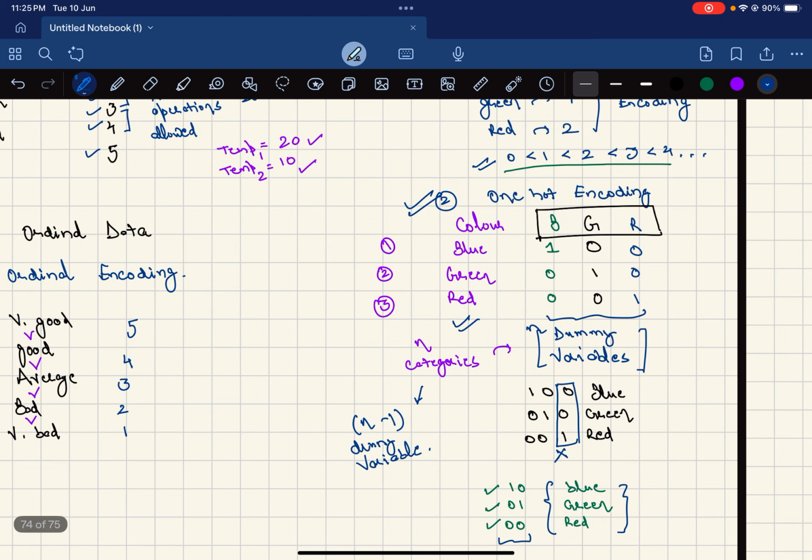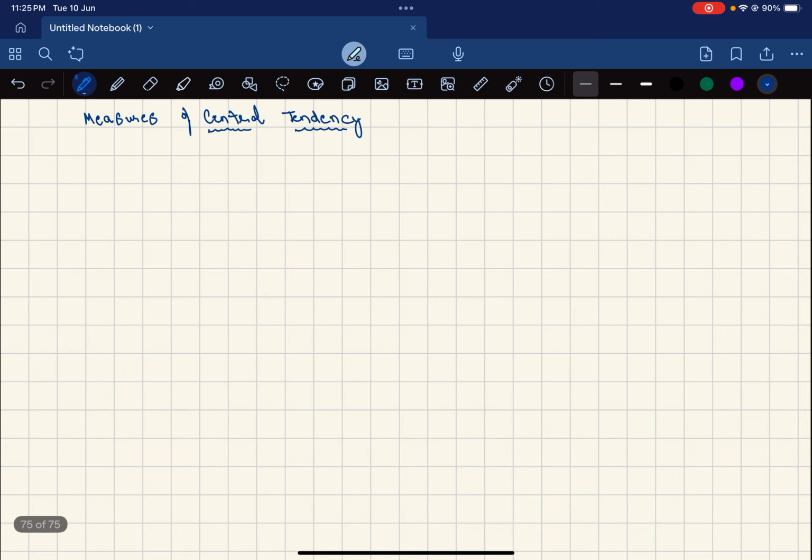Next, in this session, we will be looking at something called measures of central tendency in a variable's data. This gives an indication of what a typical value is. Let us say this is a typical value of a variable, or one can also say this is a central value of the variable.